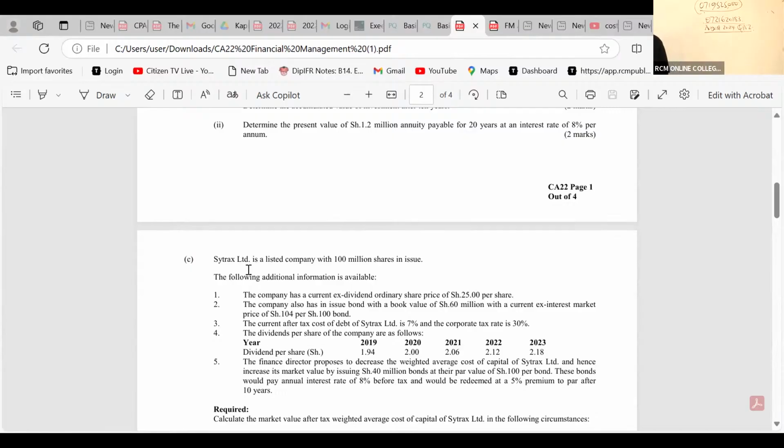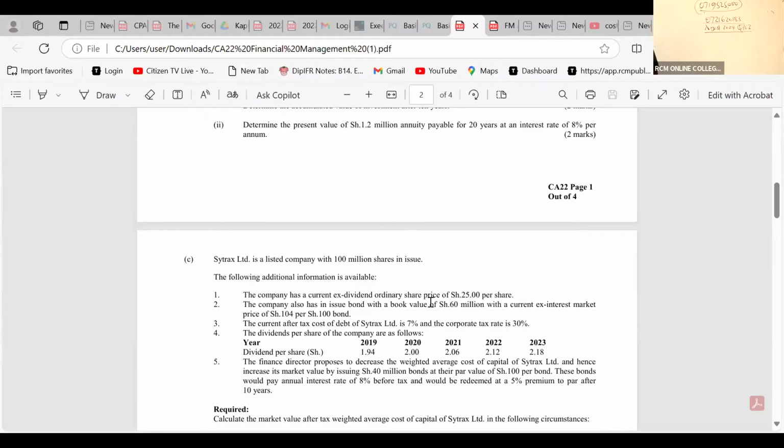The company is a listed company with 100 million shares in issue. The following additional information is available. The company has a current ex-dividend ordinary share price of 25 per share.